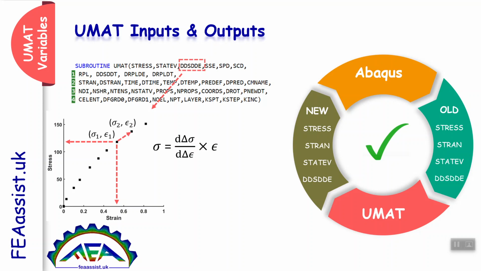If you have the slope of delta stress with respect to delta strain, then you can linearly solve this problem and predict the stress at each point. So if you have a stress as a function of a strain, then by taking a derivative, you can define the DDSDDE for your formulation. So we call this slope of the diagram DDSDDE. This is the nature of this variable.